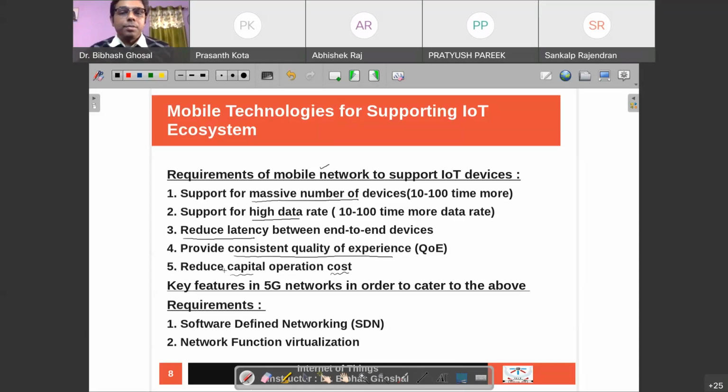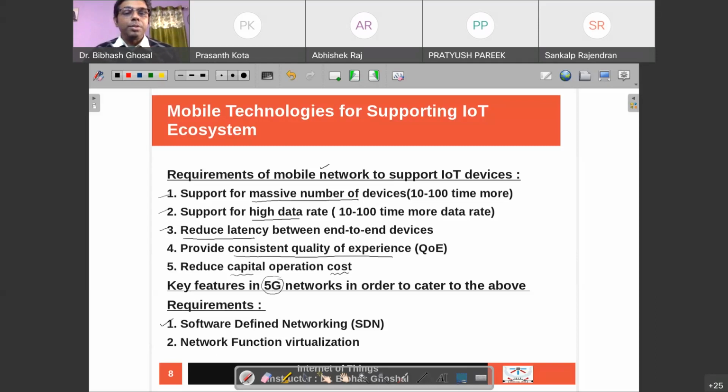Then comes, okay, the problem of latency and high data rate is solved the moment you jump into 5G networks. Yet to come. But okay, this may solve these two. Massive number of devices, well, if the bandwidth is high, many devices can be accommodated, no problem. But there is a different problem than that.